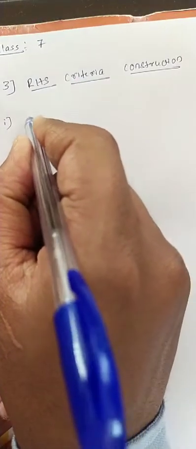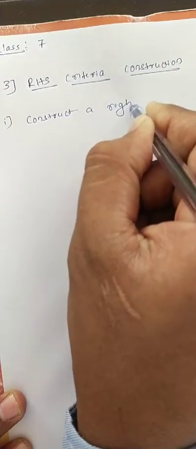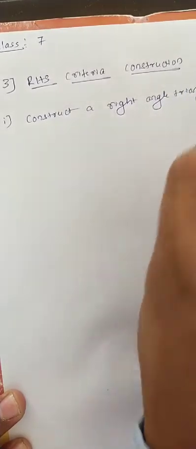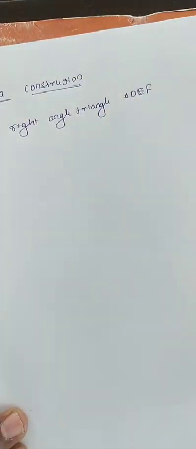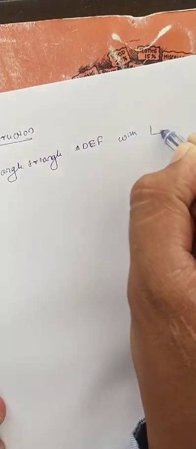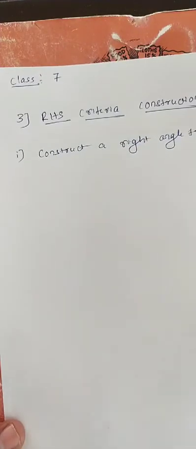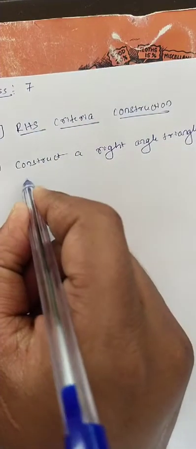Example number 1: construct a right angle triangle DEF, with angle E equal to 90 degrees, and hypotenuse DF.